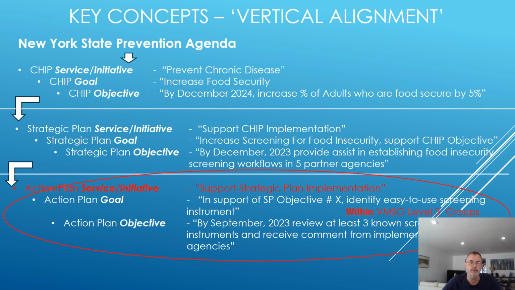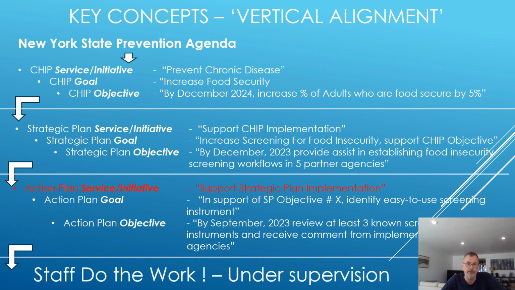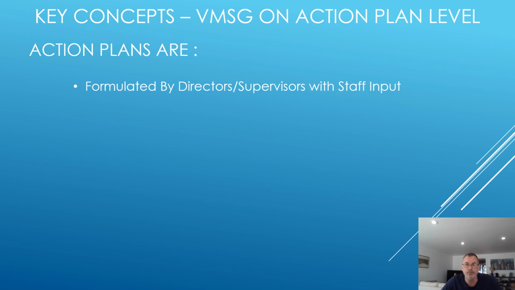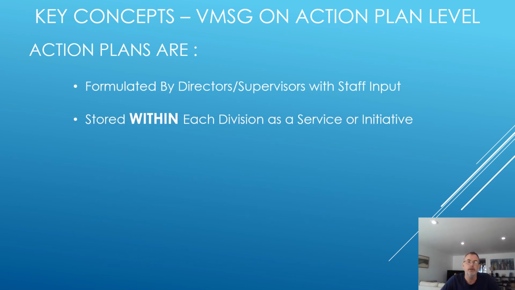That's our objective. Okay, and staff will have activities to do that. Okay, and staff do the work under supervision. All right, action plans are formulated by directors and supervisors with staff input, stored within each service as a service or initiative.